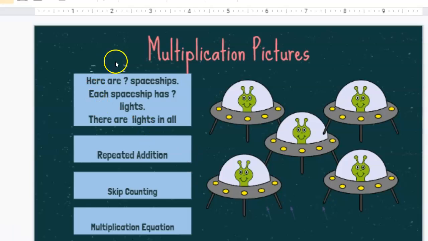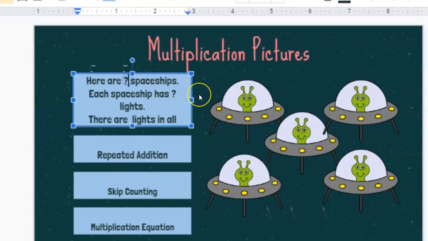Let's do another one. Wow, we have spaceships this time. Here are 5 spaceships. Each spaceship has 5 lights. We don't know how many in all, so let's add those up. We have 5 spaceships, and we've got to do this 5 times.